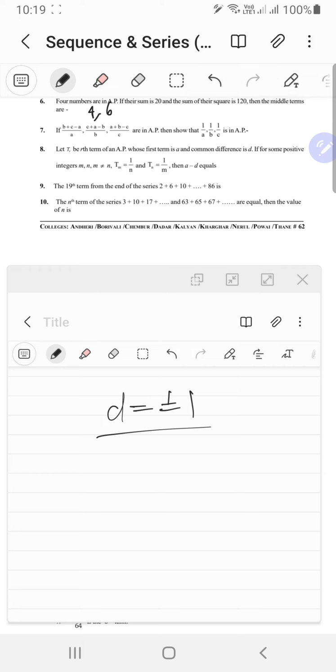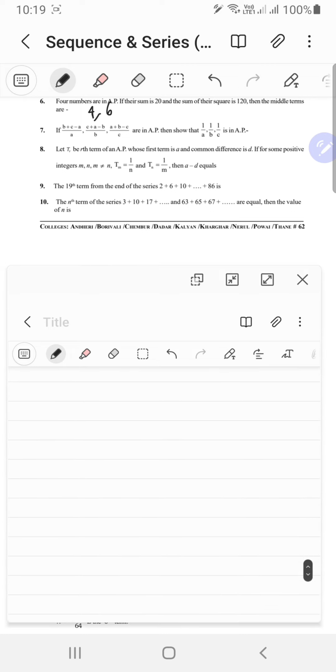Okay, if b plus c minus a upon a, and so on, all of this is in AP, show that this is in AP. Well, one thing that we can do is write b plus c upon a minus 1, c plus a upon b minus 1, a plus b upon c minus 1.